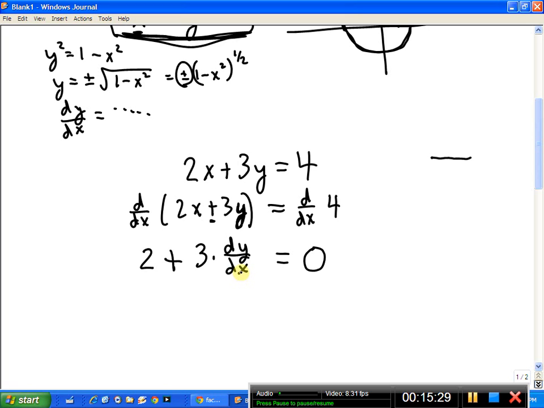It's that simple. But now look what I can do. I can solve for dy dx. dy dx equals, obviously bring the 2 over to the other side, divide both sides by 3, and I have solved for dy dx. Notice I never solved for y.